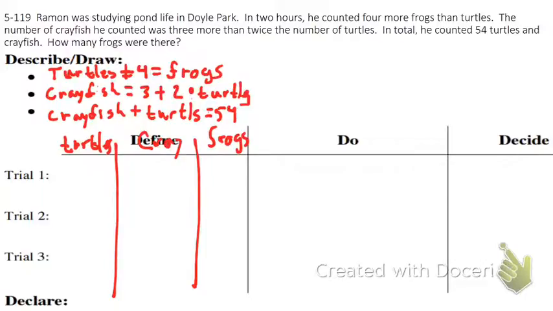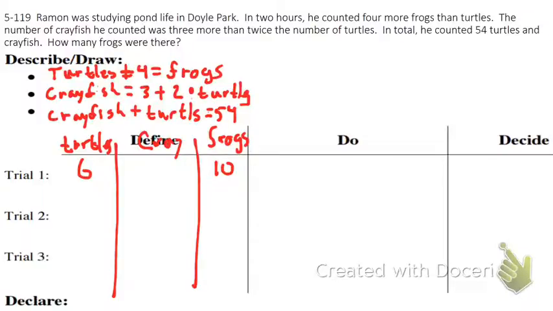So let's just say, or you could start with any of them and figure out what it would have to be. There really isn't one and only one way. I kind of like frogs to start off with. So let's say we've got 10 frogs. Now if we've got 10 frogs, well, we know that the turtles plus 4 gave us frogs, which must mean turtles would have to be 6.